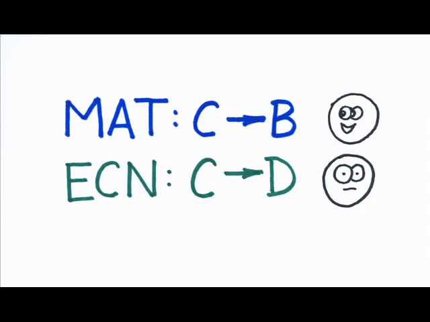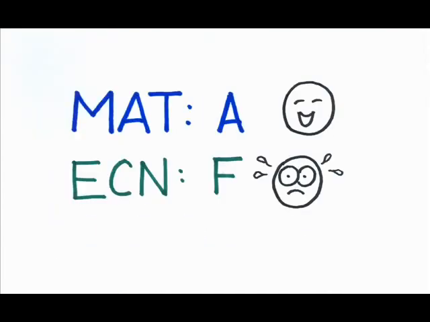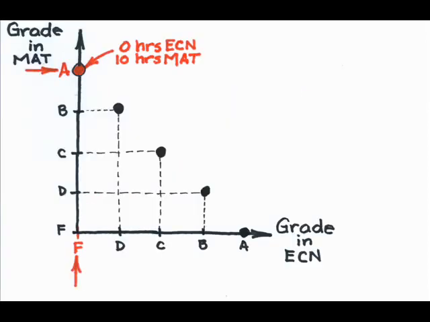If I decide to spend 7.5 hours on my math class, leaving me with only 2.5 hours for econ, the good news is my math grade's up to a B, my economics grade down to a D. Finally, I could spend all 10 hours on the math class, giving me an A in the math class, which is great, but that leaves me nothing to study for economics, and now I'm failing my economics class.